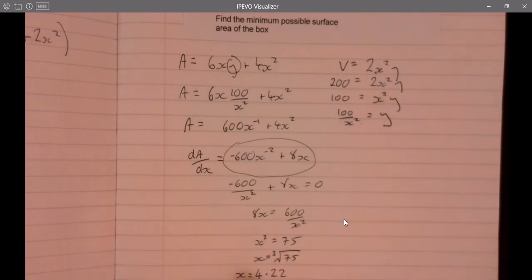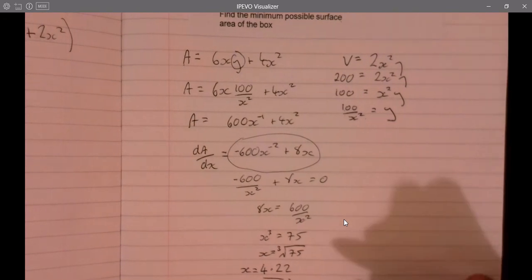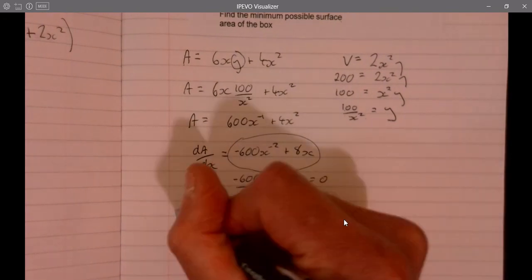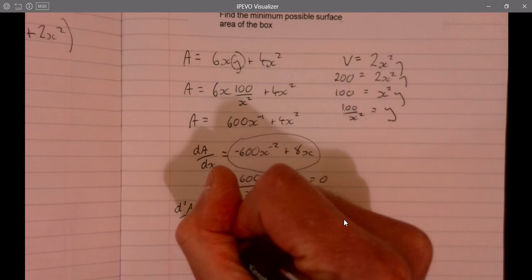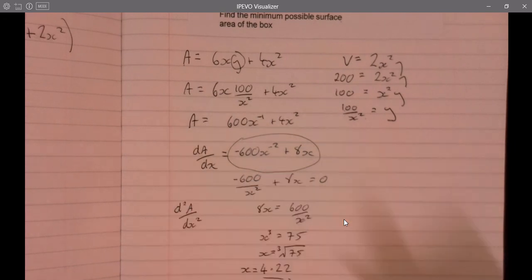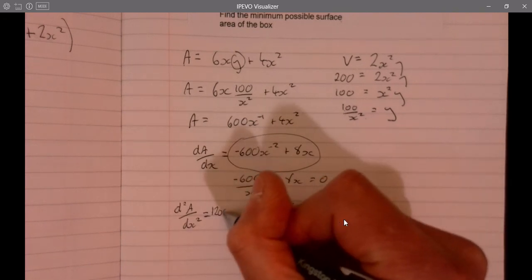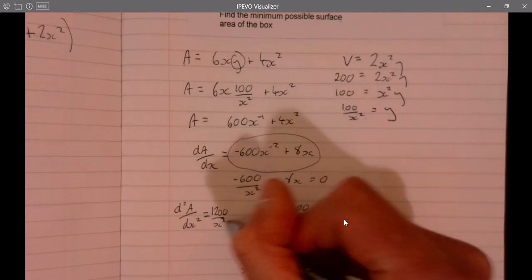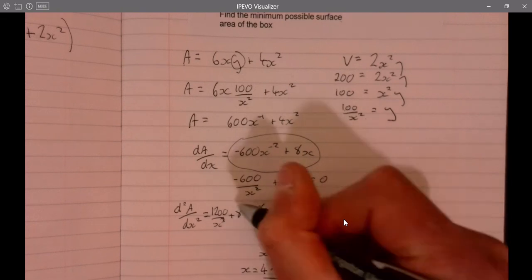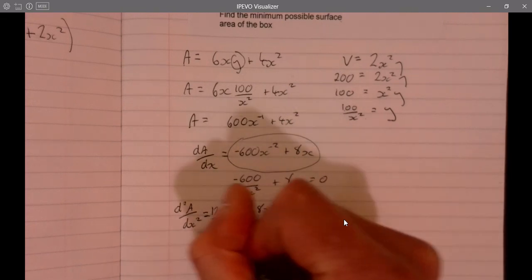What have we got to do at this stage though? Don't forget, we would need the second order derivative. I need to show that this is the minimum. Remember how to do that? Let's take the second order. I'm just doing it over here so I can show you on this screen. That's going to give me 1200 over x cubed plus 8.